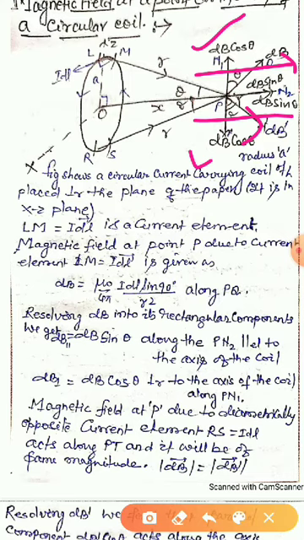So what is true for this pair of diametrically opposite current elements, the same will be true for all other diametrically opposite current elements. So the perpendicular components, due to entire elementary elements, get cancelled and parallel components get added.